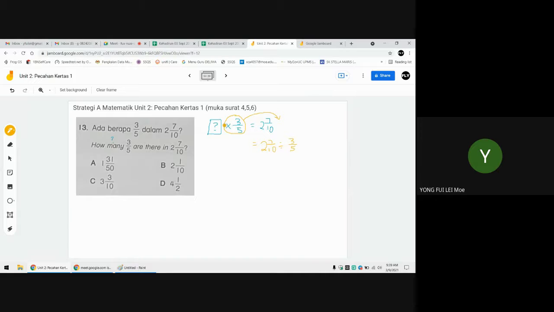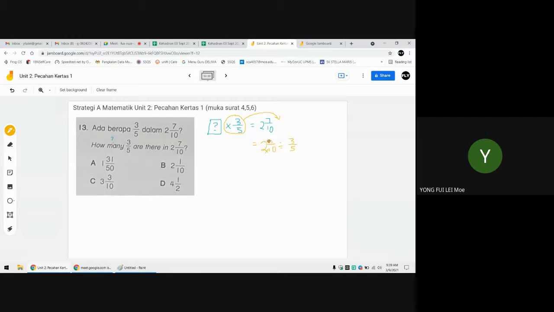Times will become divide. Just like plus, when you move it to the other side, it will become minus. If this is minus, you move to the other side, it will become plus. So right now it is times, move to the other side, it will become divide.